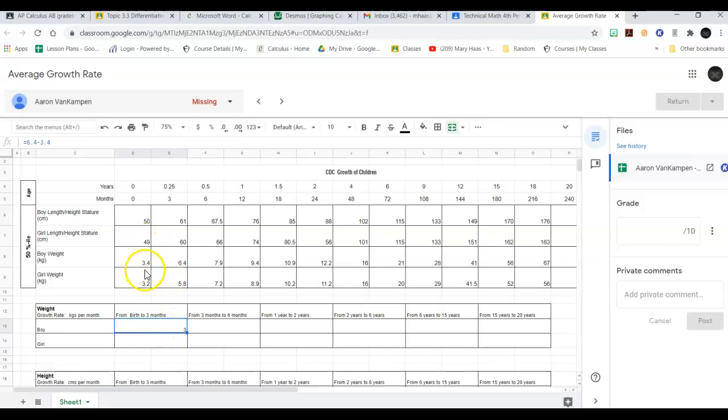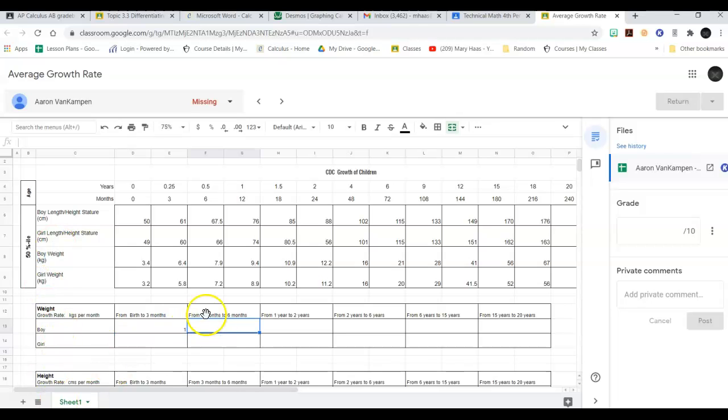Okay, so the baby grew 3 kilograms in 3 months. So once you have that number, you're just going to divide it by 3. So in order to do that, I'd just go equals 3 divided by 3. Like I said, you can just do this on a calculator if you want. But there's the answer, 1 kilogram per month.